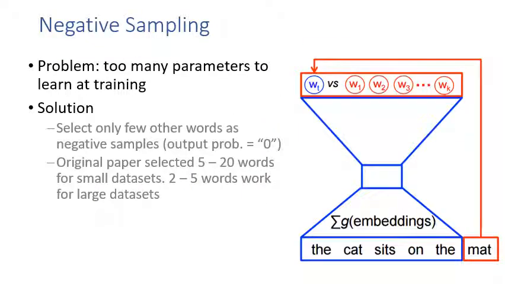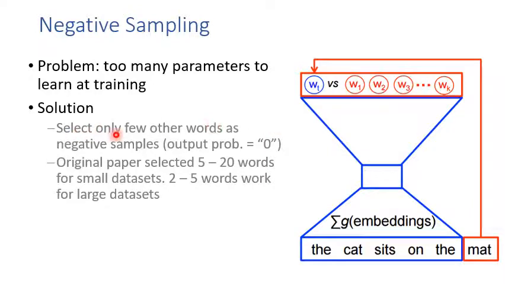Another important technique introduced by the authors is negative sampling. The problem of training Word2vec is that there are too many parameters to learn. There are too many negative words, because usually there are only a few words in your neighborhood, or only a few nearby words. So we don't need all other words as negative samples.